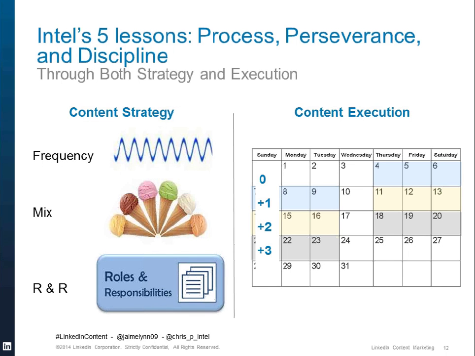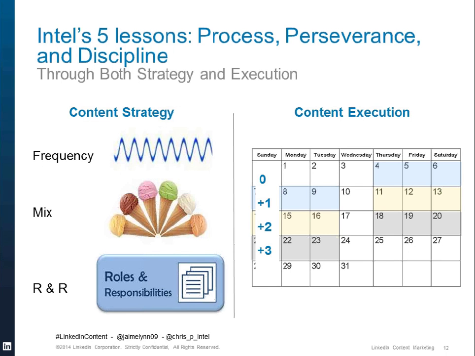So when something pops up in the short term, like a new event or new information we want to go out with quickly, we're not in the midst of trying to execute or create something this week. We have stability, which gives us the flexibility to move things around.